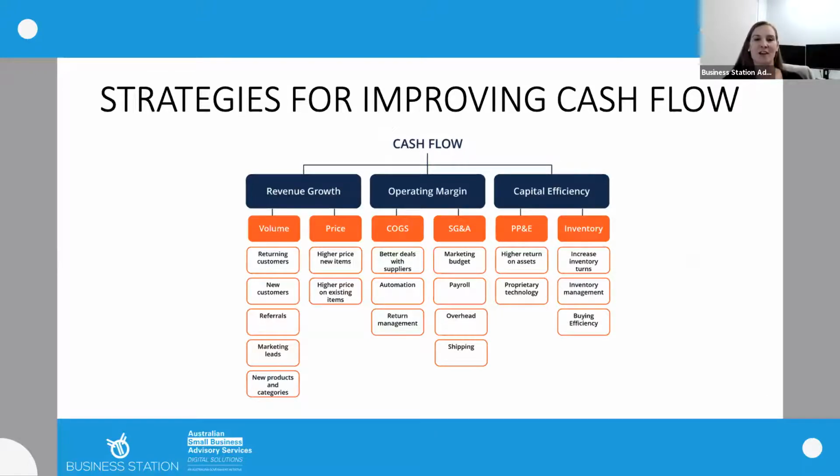You see big changes here. So in terms of revenue growth, yes, the volume of goods and services sold is really important, but the price of what you're selling it at is also really important. And some small tweaks can have big impacts.